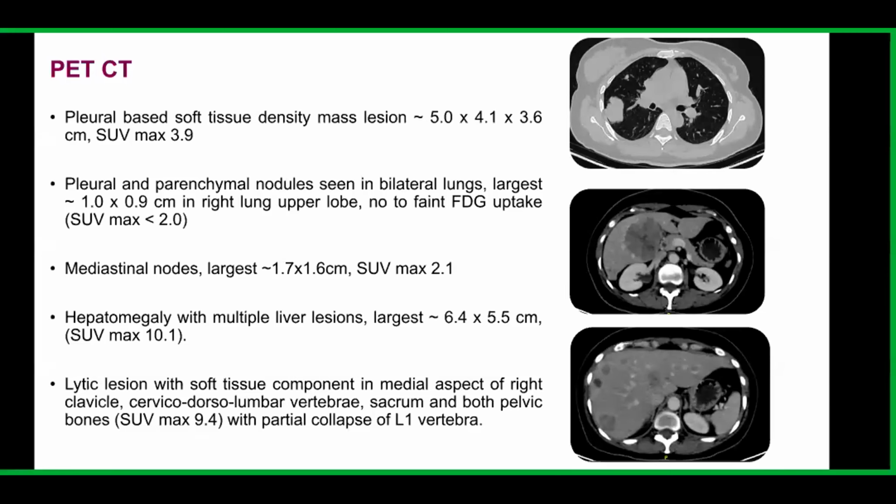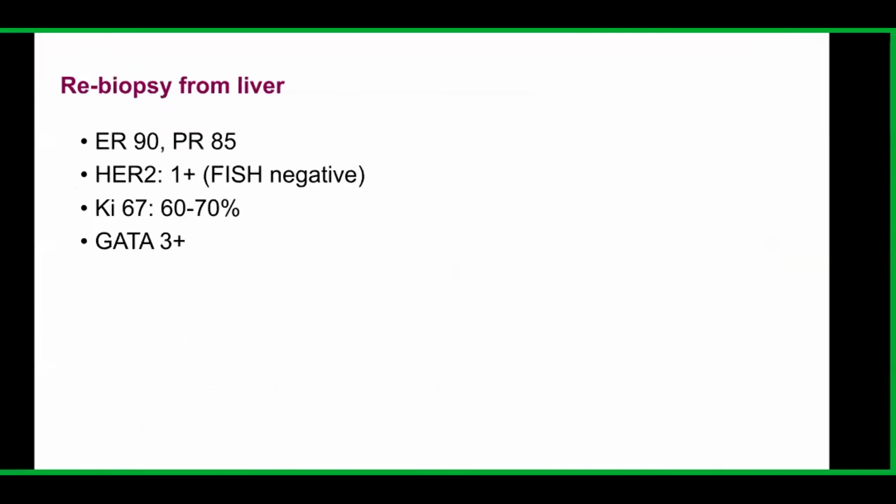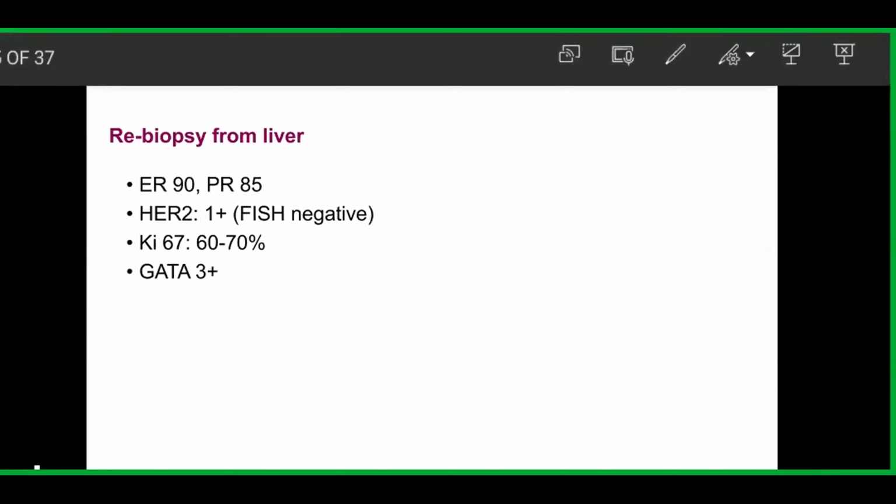You can see a pleural-based lung lesion, a huge 5 centimeter lesion, as well as a liver lesion of 6.4 by 5.5 centimeters, multiple lung nodules, and multiple skeletal metastases. At this point of time, what about doing a rebiopsy in this case, or do you want to treat as per her previous molecular profile?